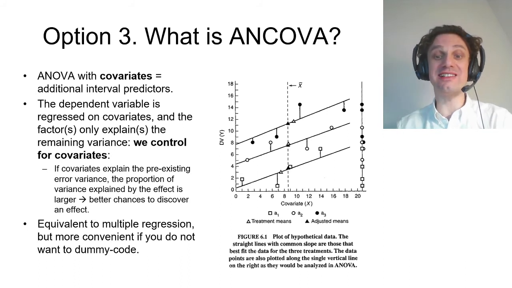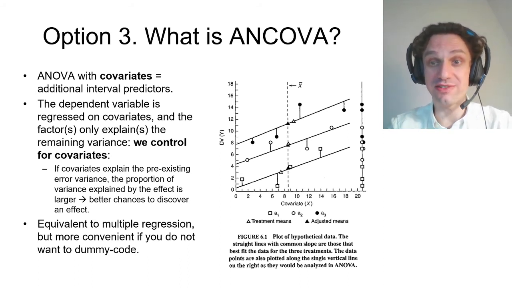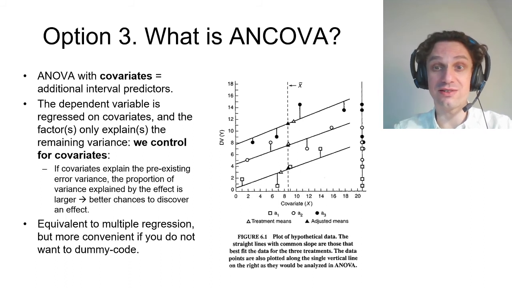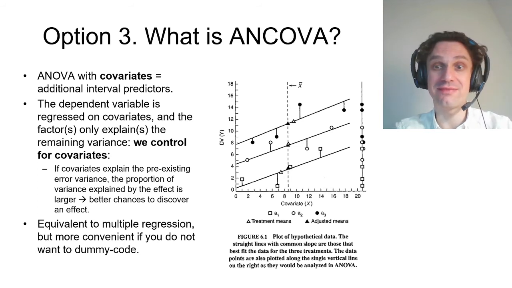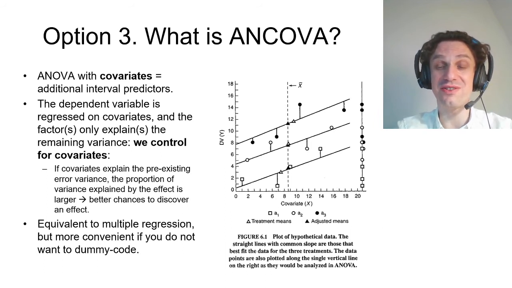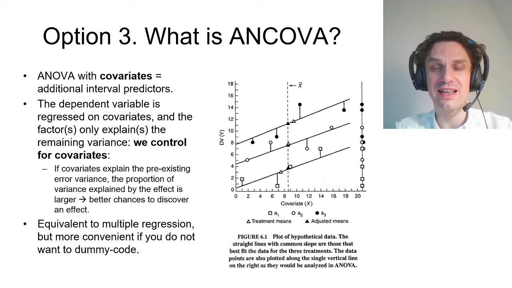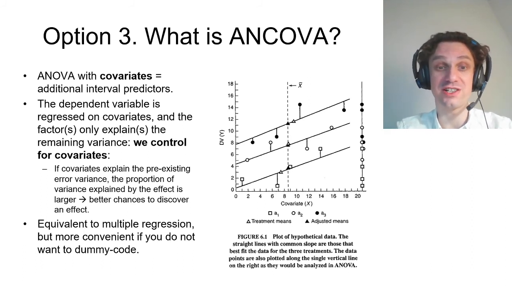Essentially, ANCOVA is equivalent to multiple regression. So we could do exactly the same thing in multiple regression by dummy coding group membership. However, ANCOVA is a little bit more conveniently done in SPSS in terms of plots and so on. So you don't get these nice plots and you don't get these flexible post hocs in regression.